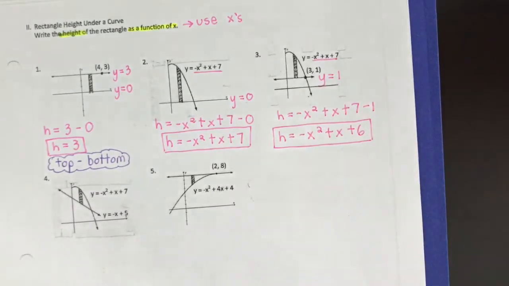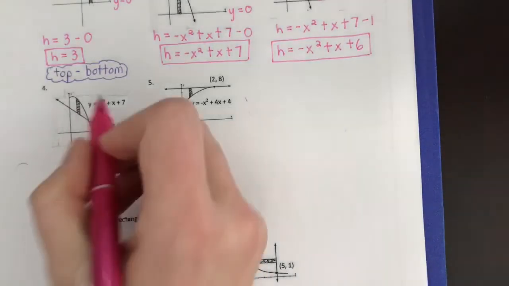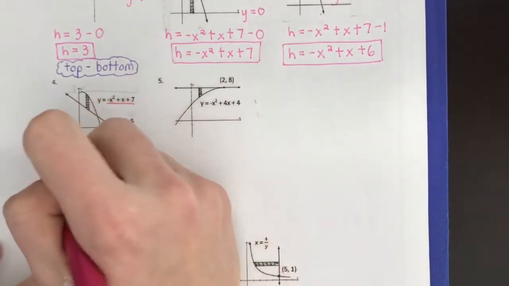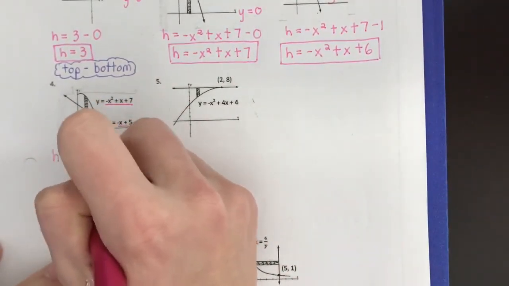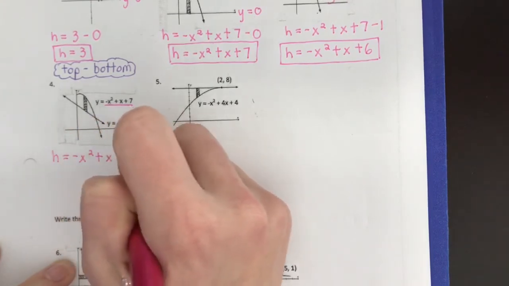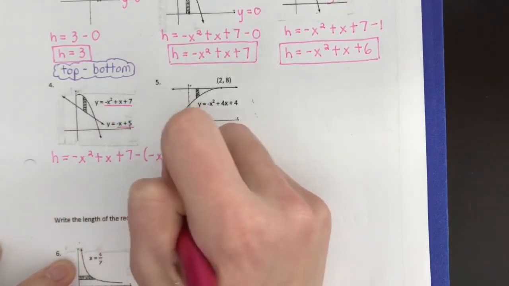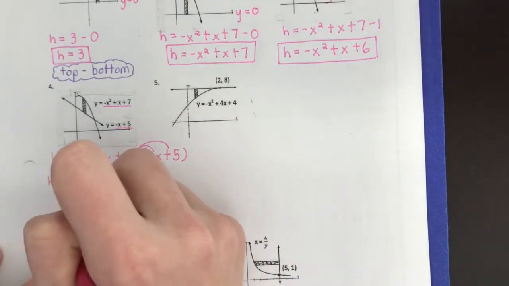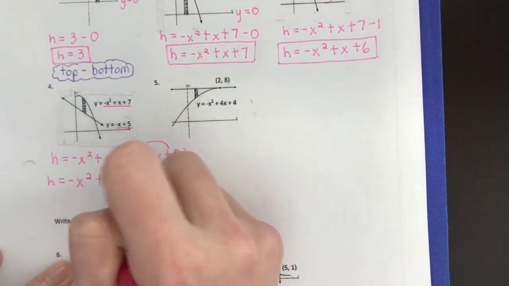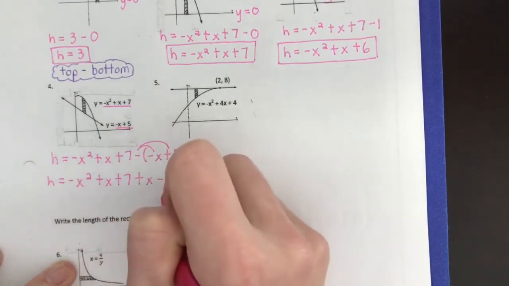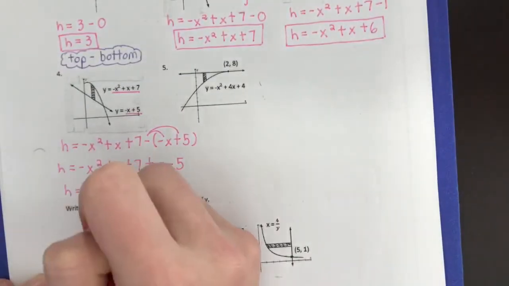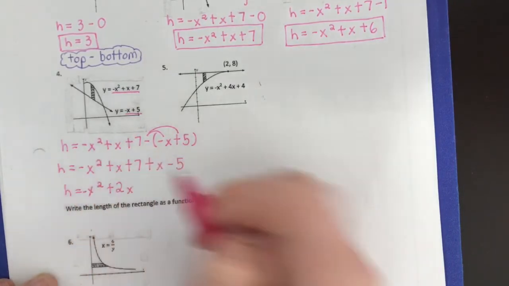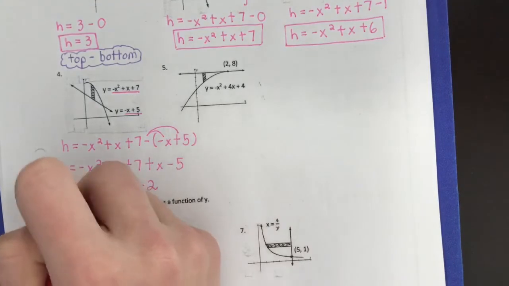Okay. On number 4, we have, this is our top function, this is our bottom function. So we would have height equal to negative x squared plus x plus 7 minus the quantity negative x plus 5. Okay, so this would become the height equals negative x squared plus x plus 7 plus x minus 5. So height equals negative x squared plus 2x plus 2.